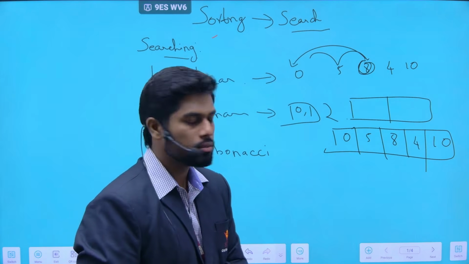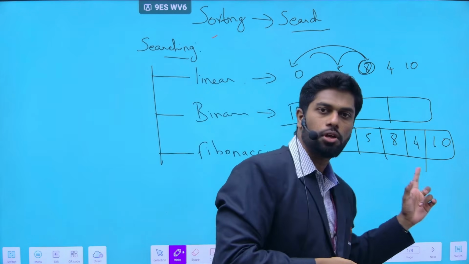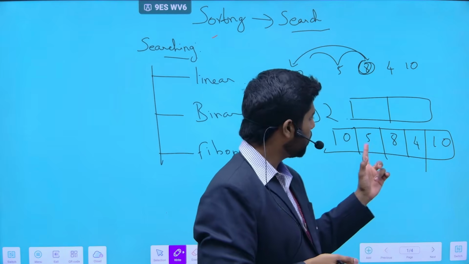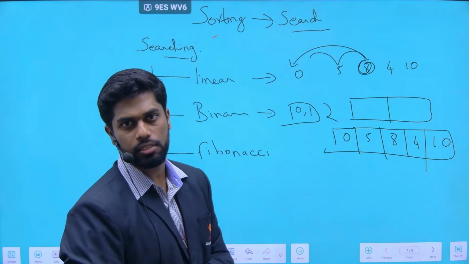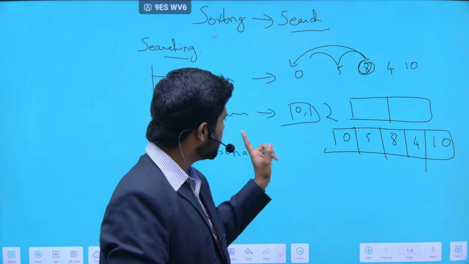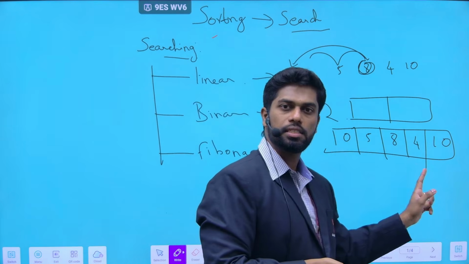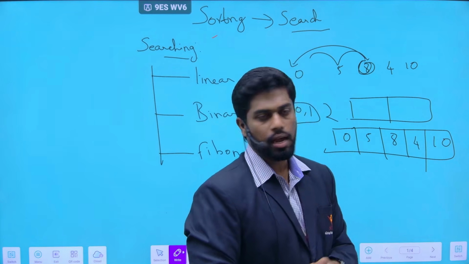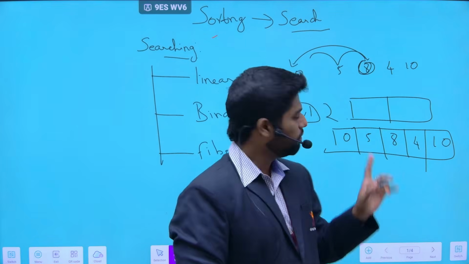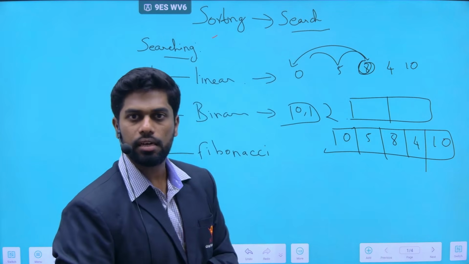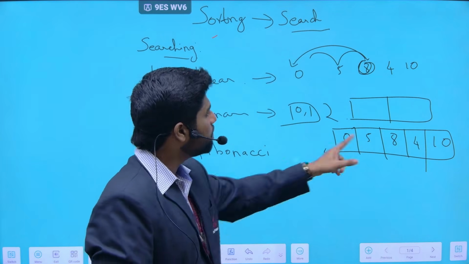Why? We need a sorted array for binary search and Fibonacci search. Until it is sorted, we can't do this. So we need to sort it.